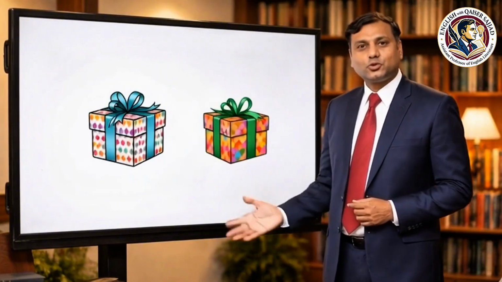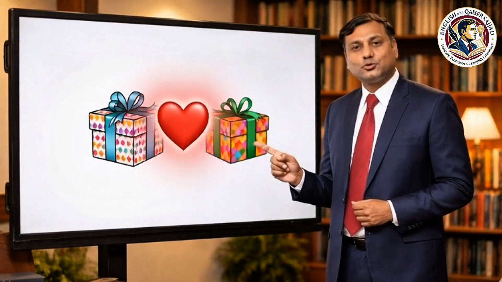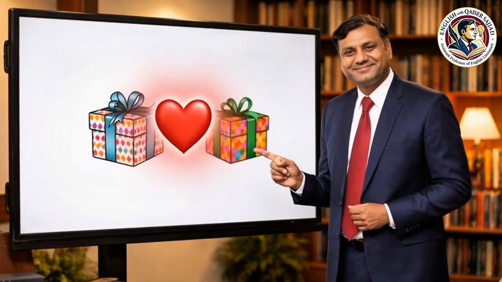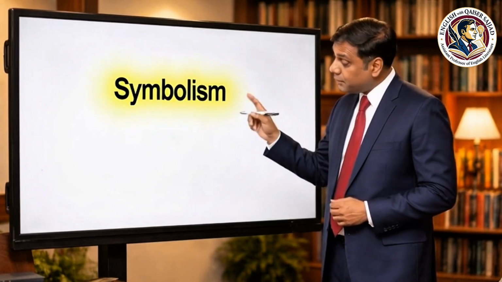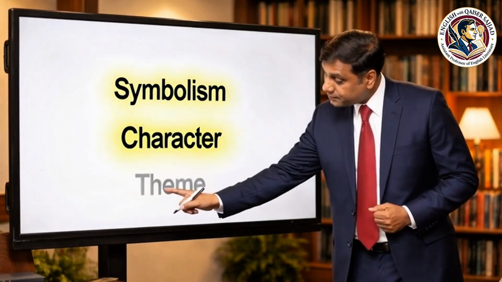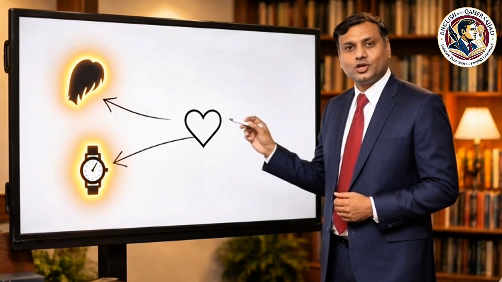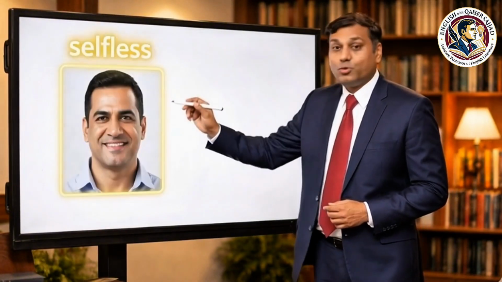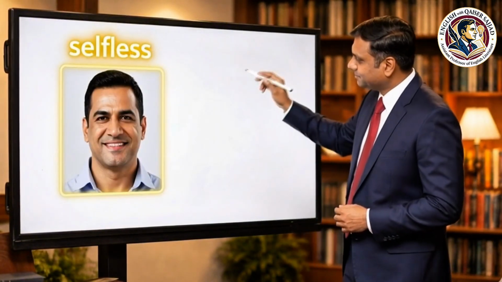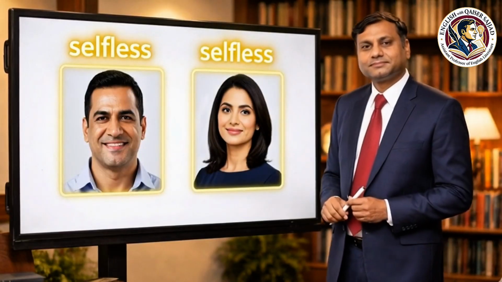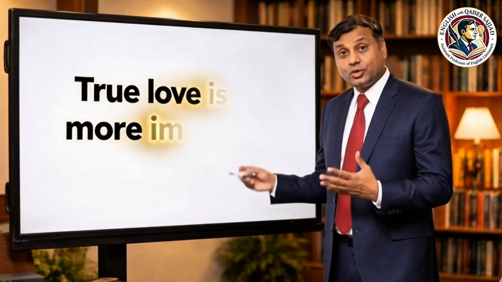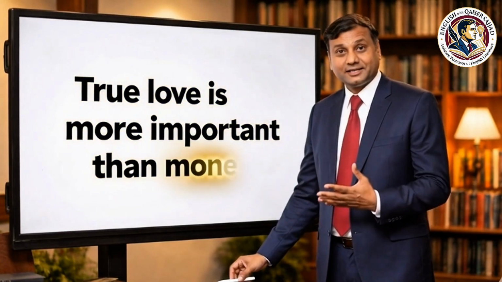The gifts become useless, but their love becomes stronger. So what do we learn? Symbolism. Their sacrifice shows love. Both are selfless. Theme. True love is more important than money.